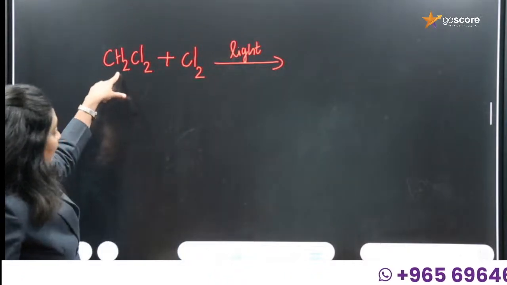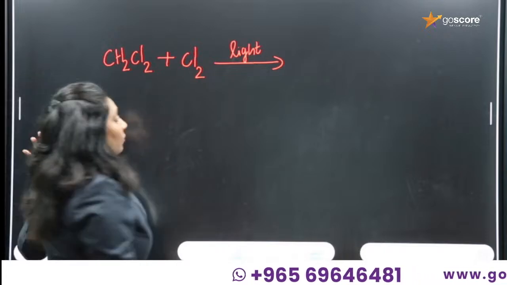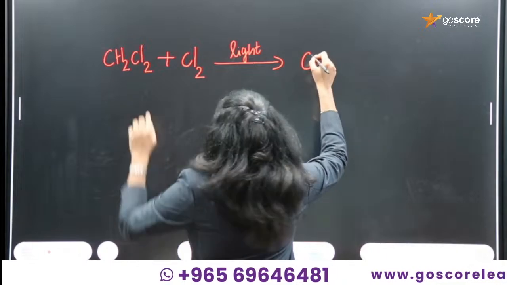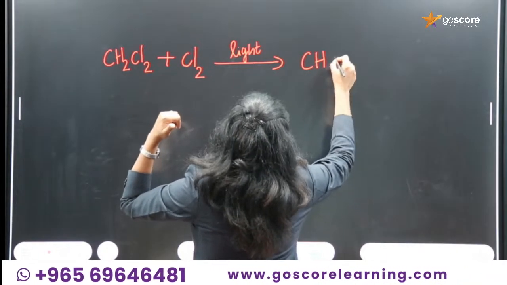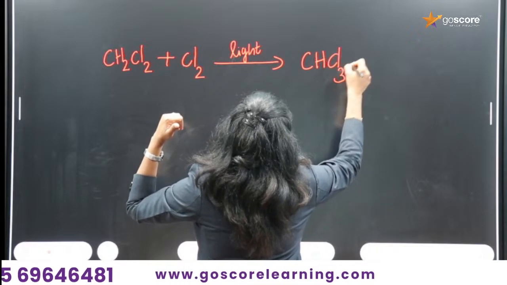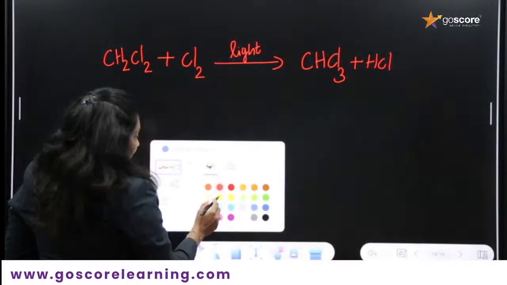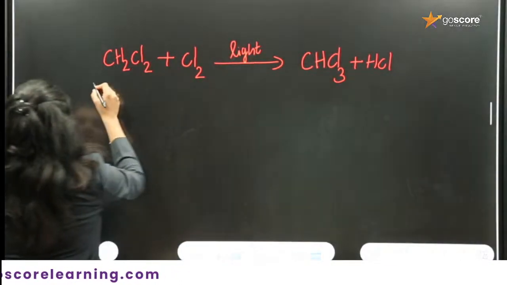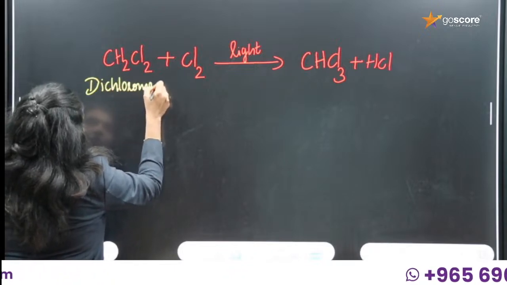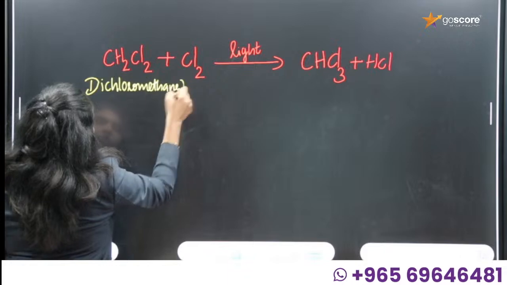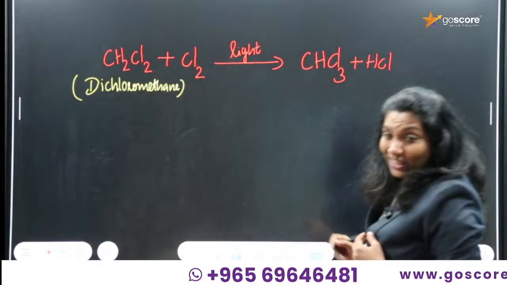One more hydrogen being substituted or replaced by chlorine, so your product is CHCl3 plus HCl, right? So what is this? This one is dichloromethane. On treating with chlorine gas, what is the CHCl3?